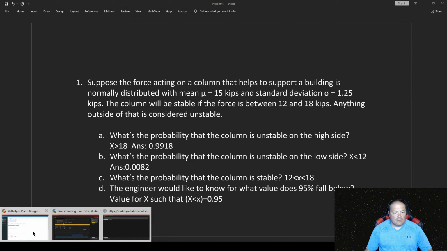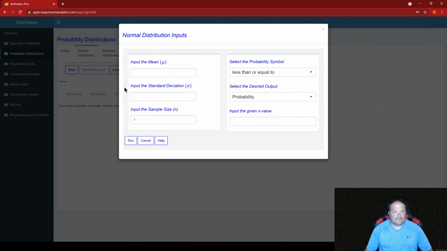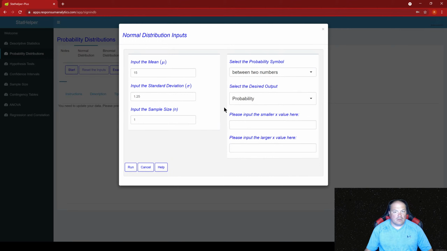So what we can do is go here to reset again. Again, 15, 1.25. Now what's going to change here is we're going to change this from less than to between two numbers. We're still looking for probabilities. The smaller number here is going to be 12. The larger number here is going to be 18.